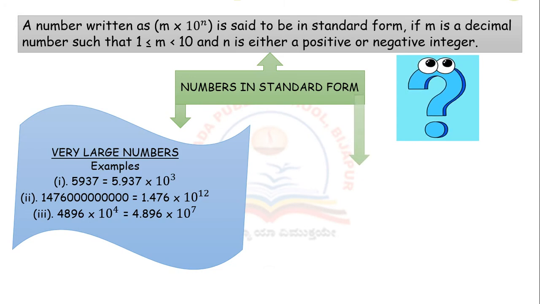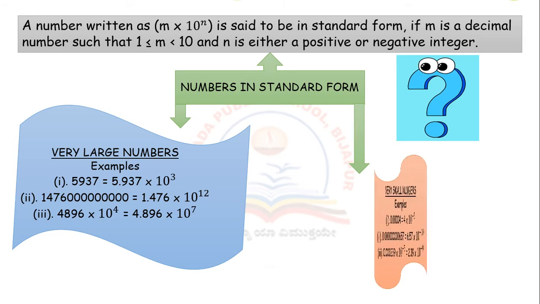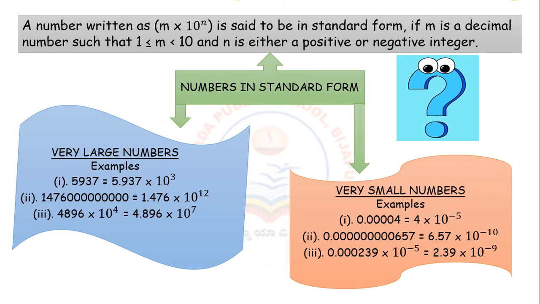We can also express very small numbers in standard form. Example, 0.00004 can be expressed as 4 into 10 to the power minus 5. Similarly, 0.00000000657 can be written as 6.57 into 10 to the power minus 10.